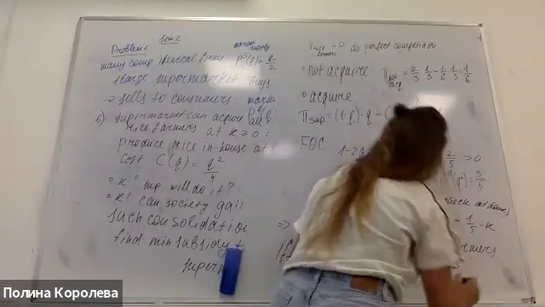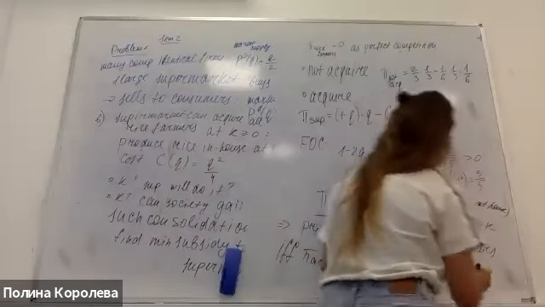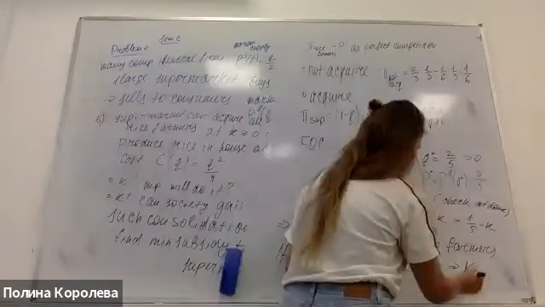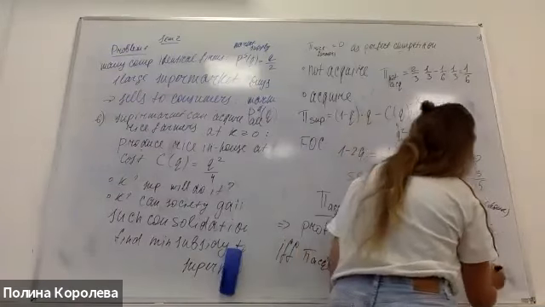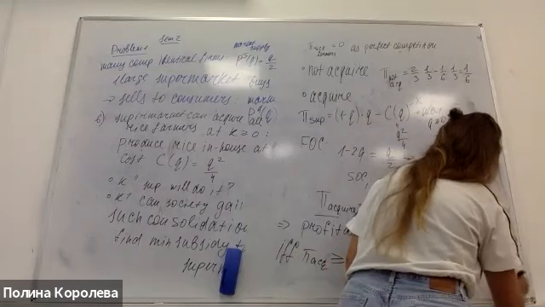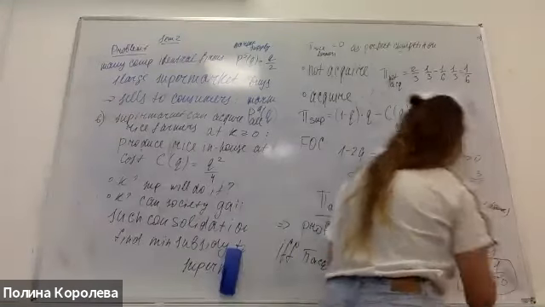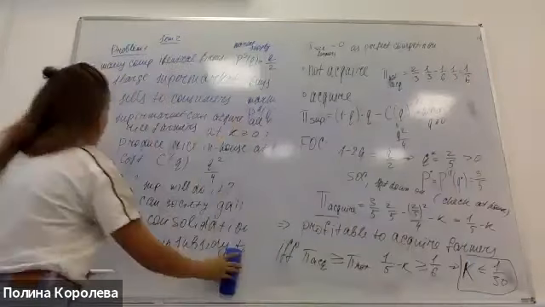And from here we can say that this price, this K, this fee should be less or equal to 1 divided by 30. This is the answer for the first point.